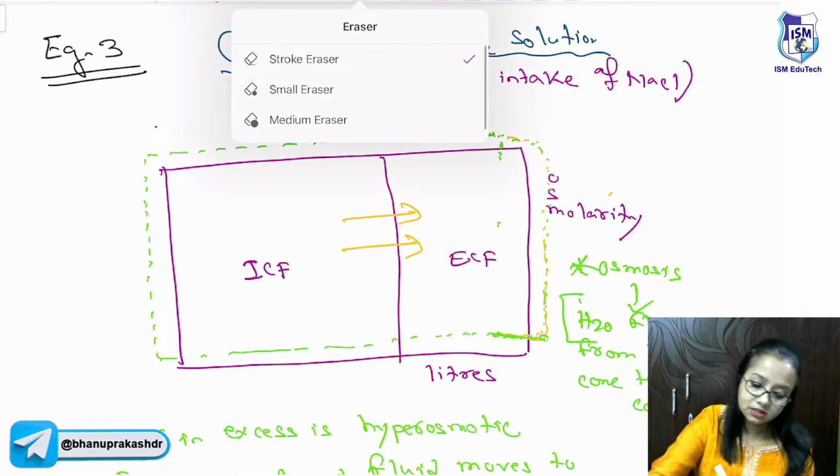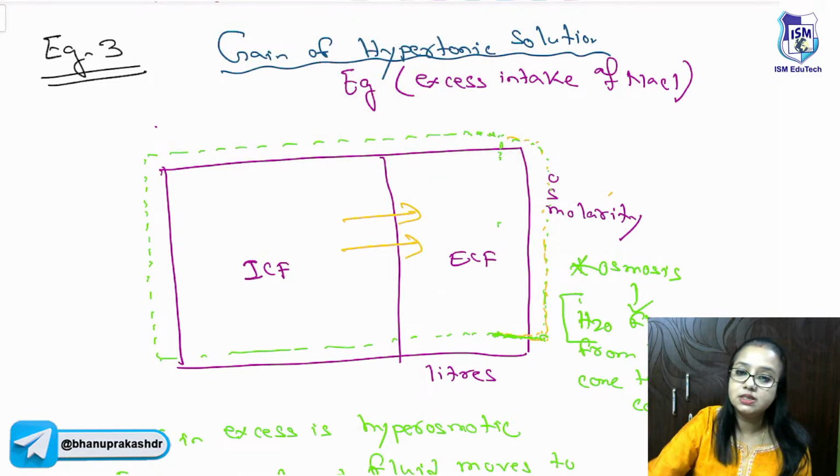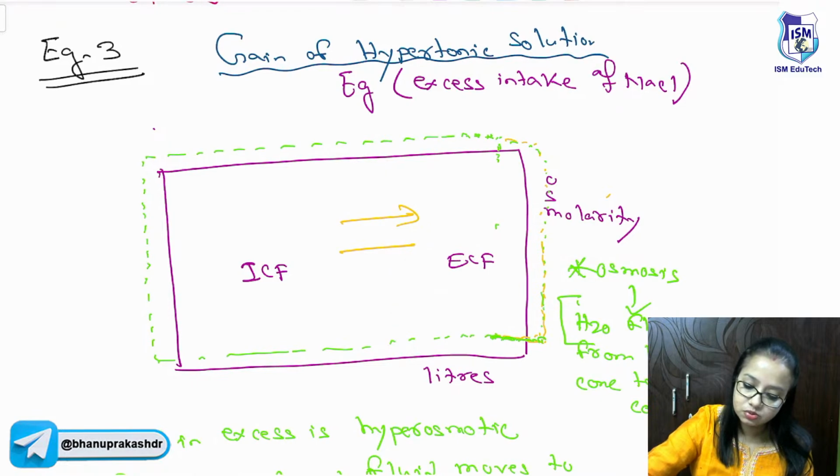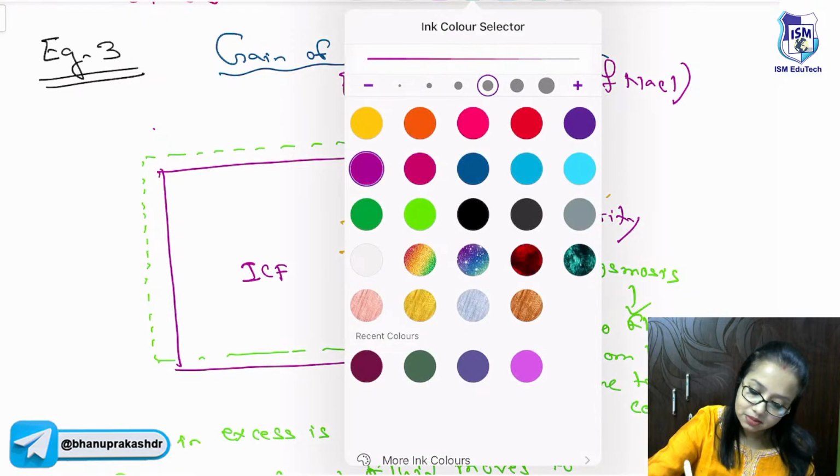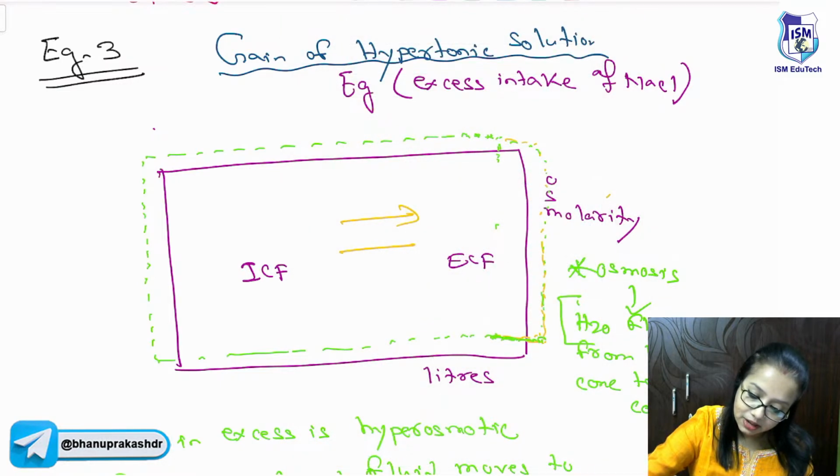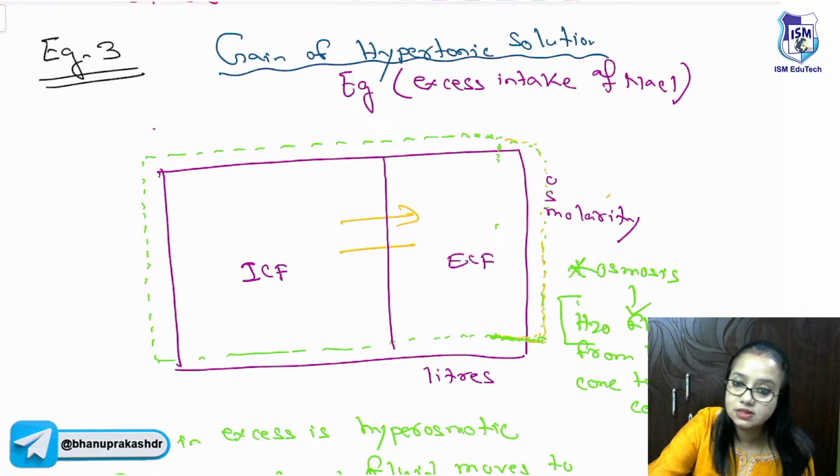When there is migration of the fluid from the ICF to the ECF, some fluid also moves back to the ICF, but again from the ICF, it moves back into the ECF. So ultimately, after the migration, what stands out is that the volume of the ECF is increased.